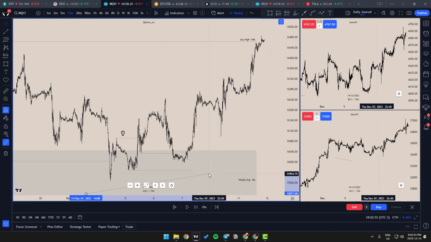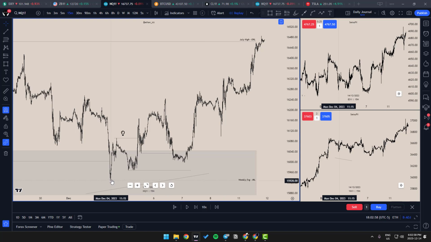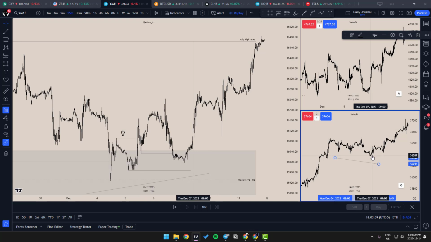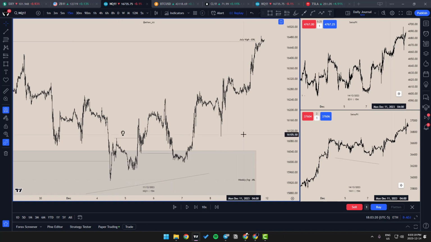And then I spotted, okay, we have another SMT divergence, extremely bullish now because NQ was making a higher low, right? And on YM, we're making a lower low. So extremely bullish here. And that's why this original consolidation low never got hit, because we had that SMT divergence. From this moment on, I was like, okay, we're bullish as hell.